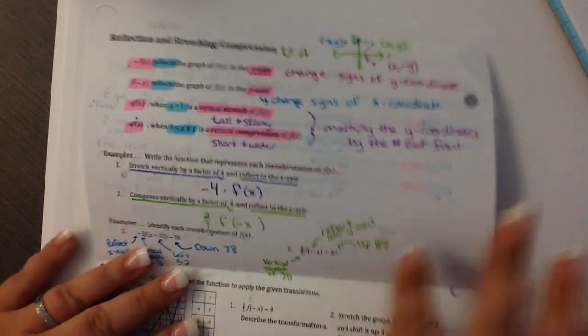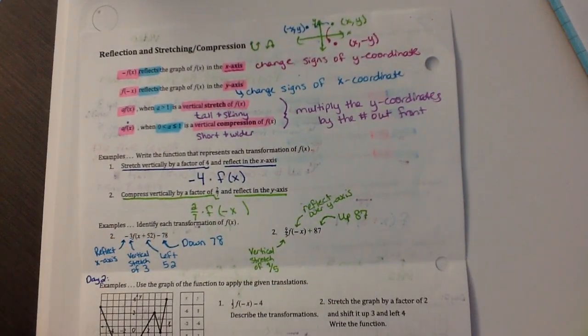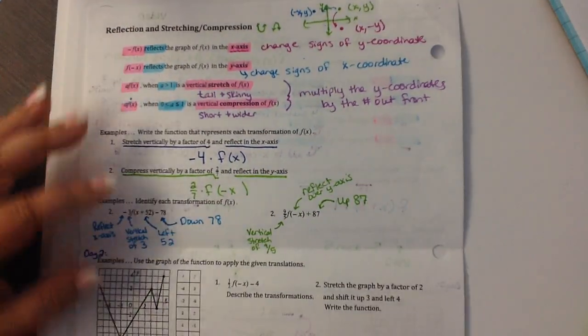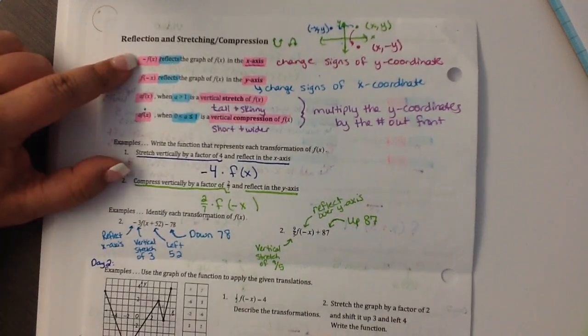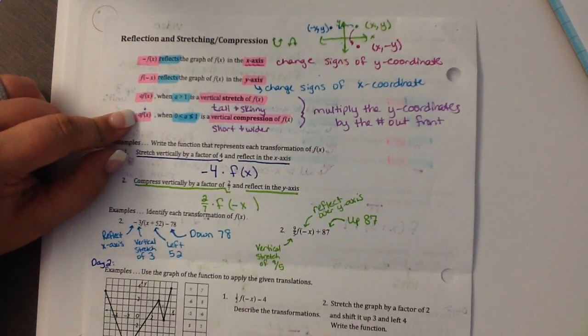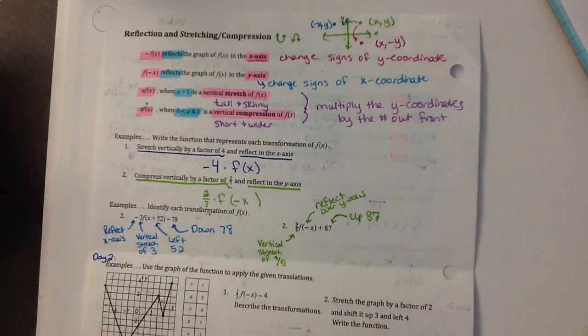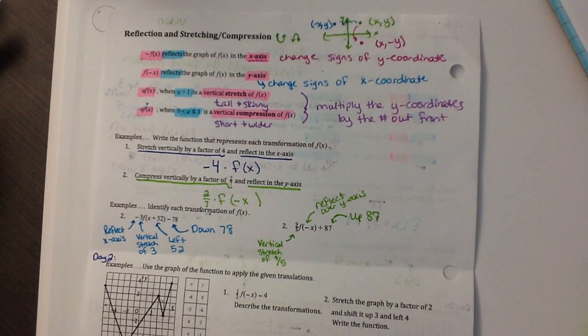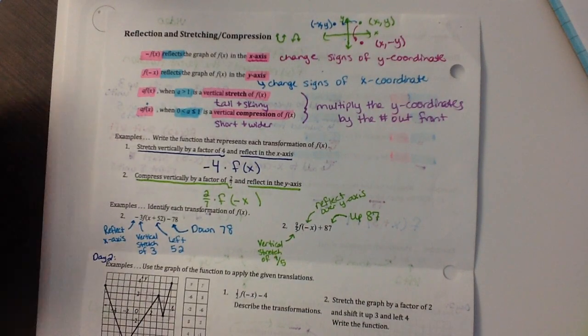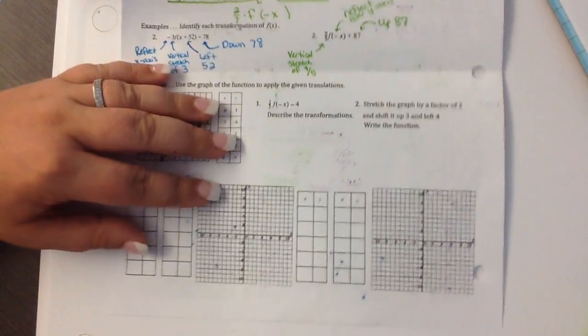Okay, flip it over. Now, let's add some multiplication. So, when we have reflections or stretches, that will multiply our x's and y's. And we still might have shifts up and down which add. So now we're going to have multiplication and addition. So let's talk about that.